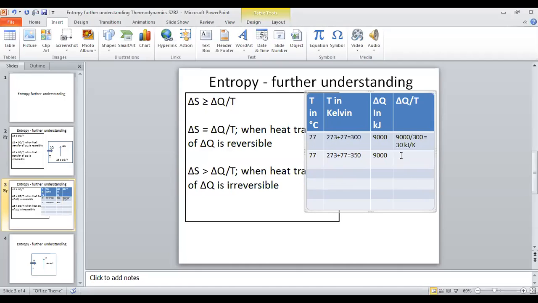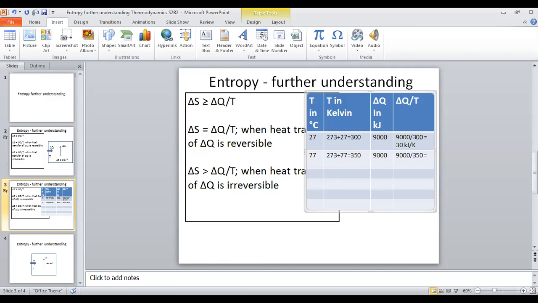For the same 9,000, this is 9,000 by 350. What's the value?